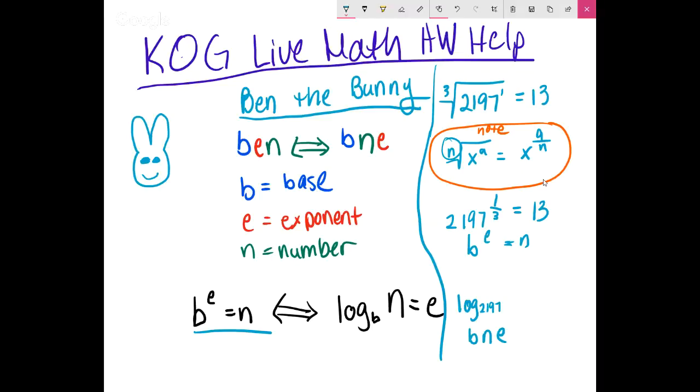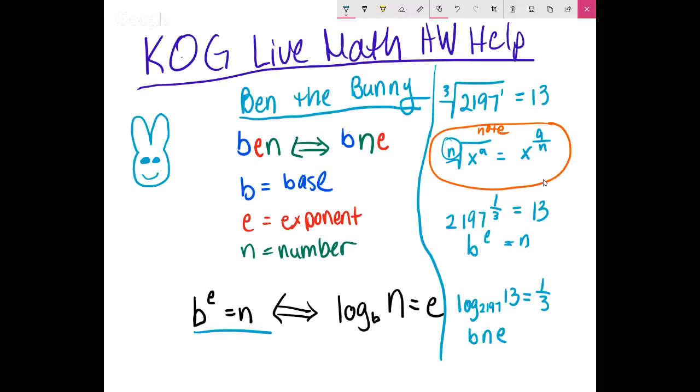Our n, or our number, is 13, and the exponent is 1/3. There you go. Ben the bunny. That's the Ben the bunny way. So Ben the bunny way is exponential form to logarithmic form.